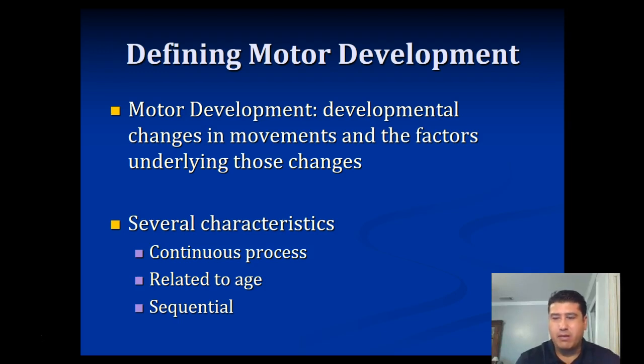Not everybody's going to achieve these milestones at the same time. But typical human development posits that these milestones will occur between 8 to 10 months or 2 to 3 years. Something like that, in the sense that in order for them to continue to develop, they have to reach these milestones.